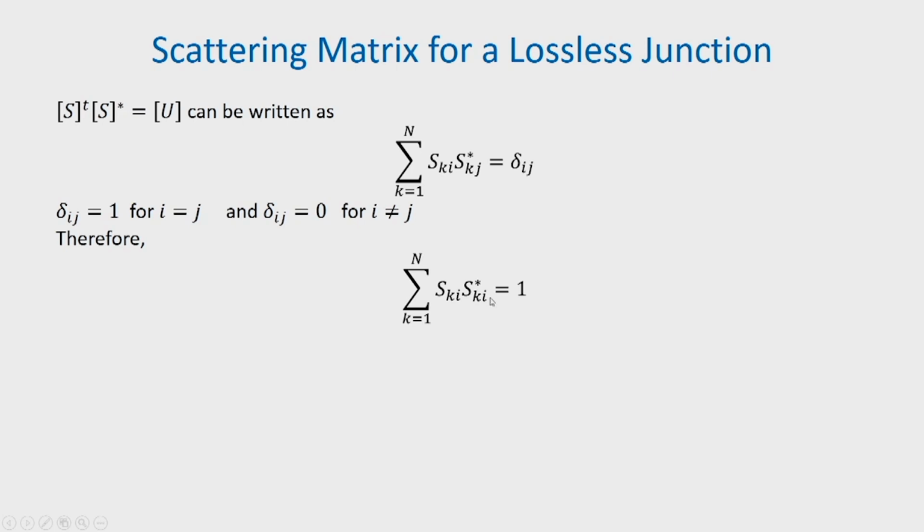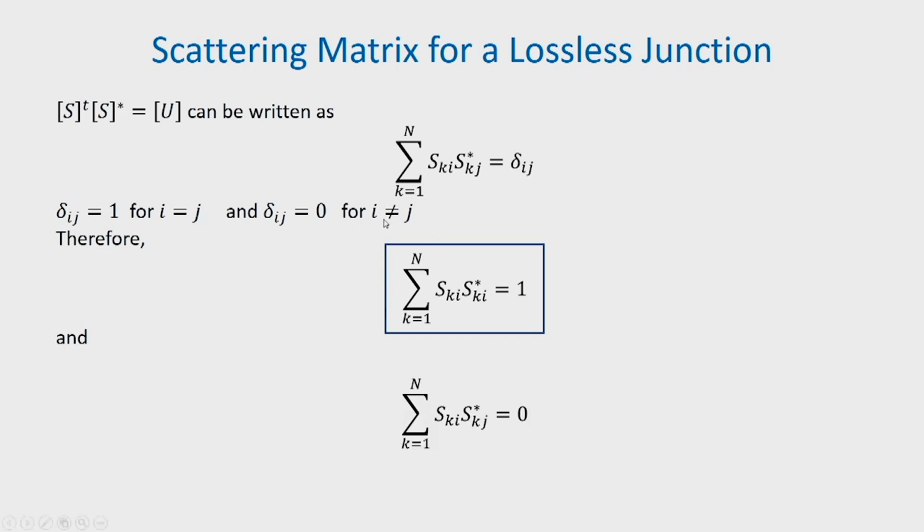This essentially represents the dot product of the elements of one column with the conjugate of the same column, that means the ith column, and when i is not equal to j, that means the columns i and j are different, in that case, if we take the dot product of the ith and jth column, S k i and S k j conjugate, then this summation becomes 0.